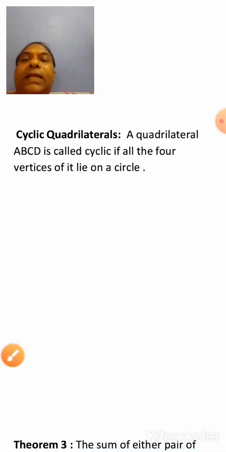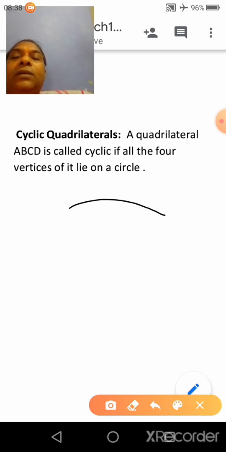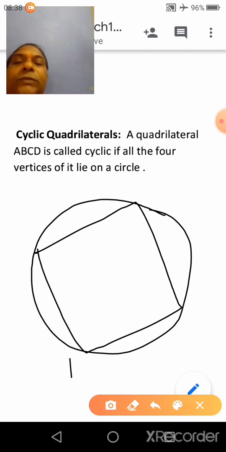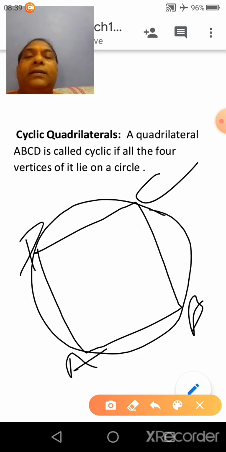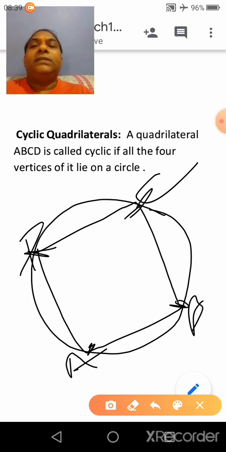So a quadrilateral is called cyclic if all the four vertices of it lie on a circle. Means ABCD is a quadrilateral and all its vertices, vertex A, vertex B, vertex C and vertex D, all four vertices lie on a circle.